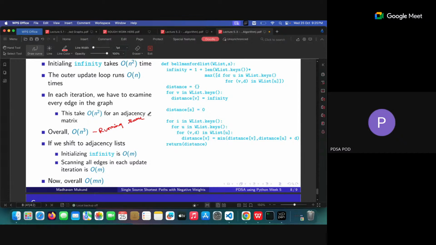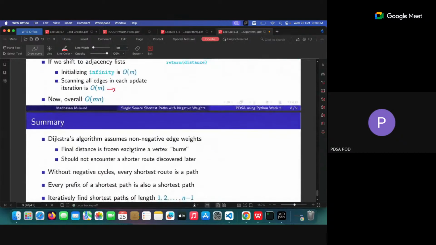But space can be reduced. Why can space be reduced? See, that adjacency list is there, and we do that shifting for it. In the overall complexity, scanning and updating, the space can be reduced. Here each update is reducing infinity by shifting to the adjacency list.